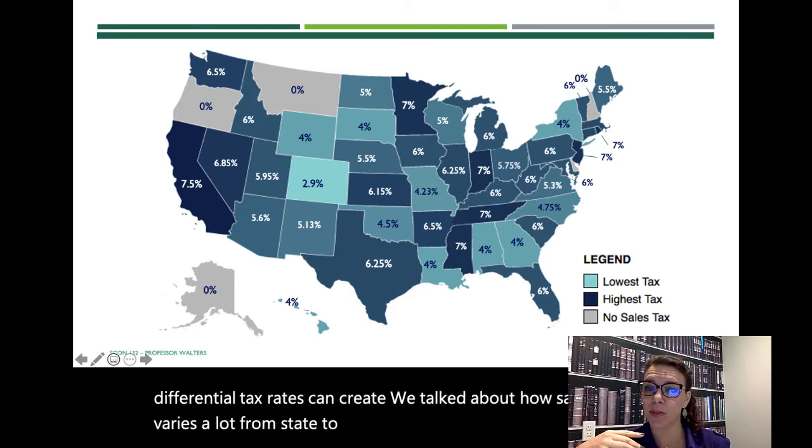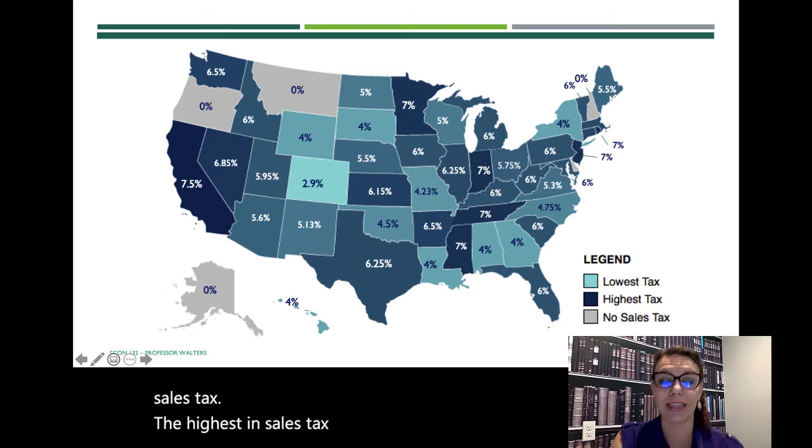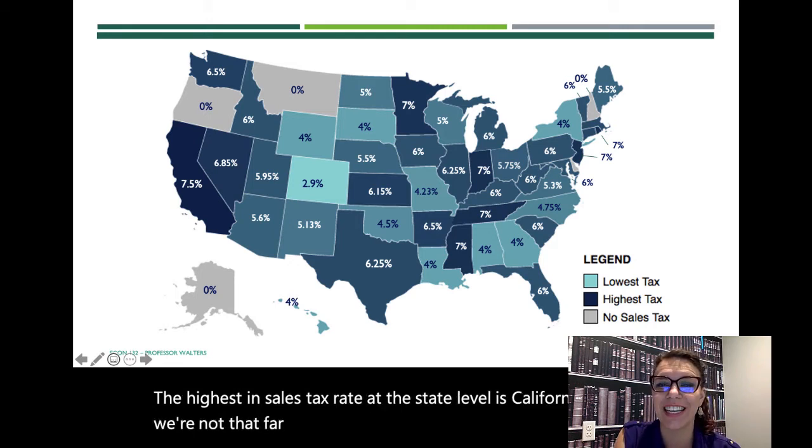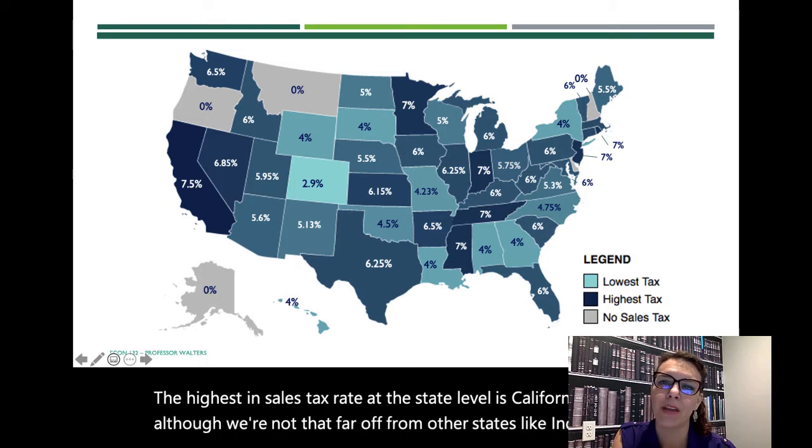Some states have 0% sales tax. The highest sales tax rate at the state level is California, although we're not that far off from other states like Indiana and Tennessee.